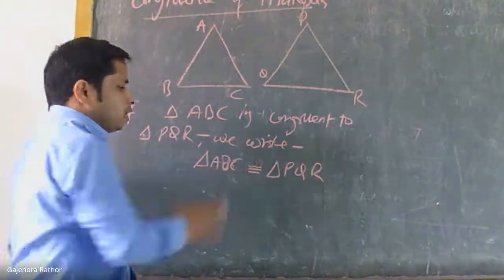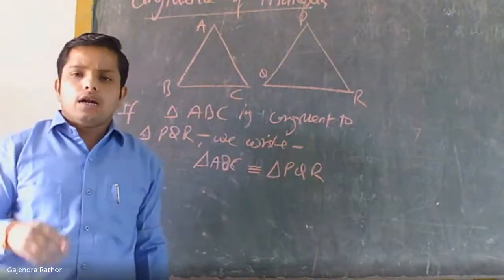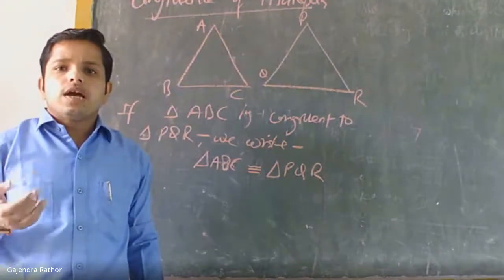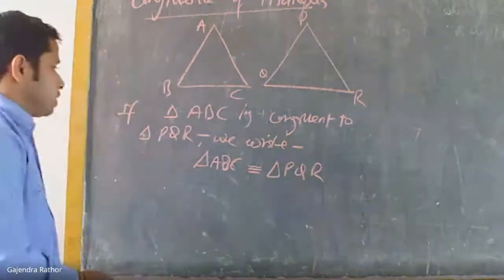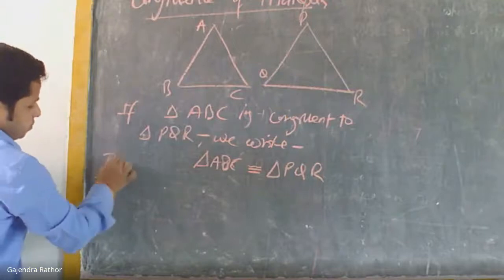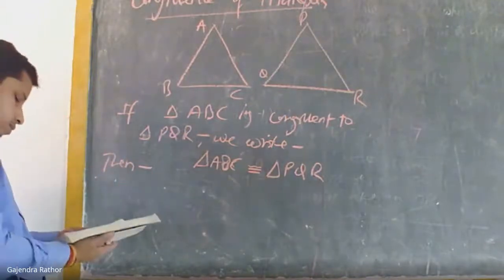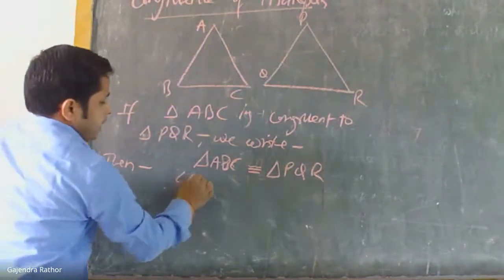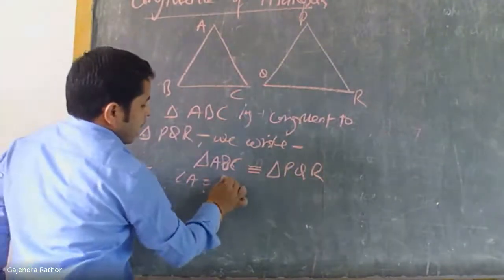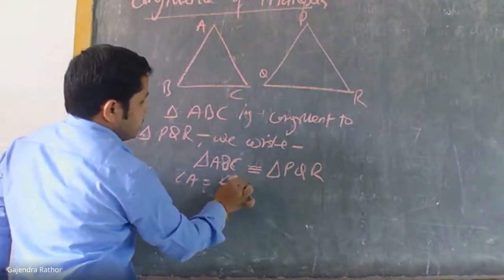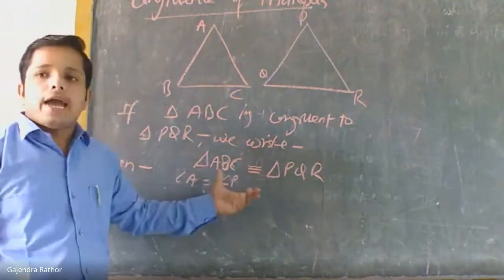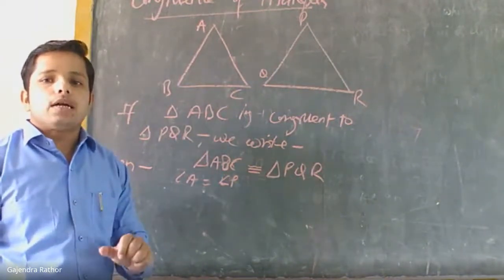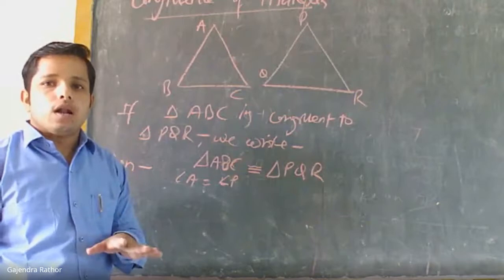Now, what is the meaning? If two triangles are congruent, which results can we find out? There are some results. Angle A is equal to angle P. If any two triangles are congruent, then their corresponding parts will also be equal.